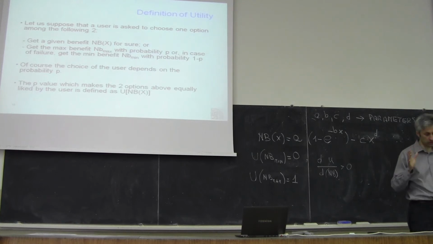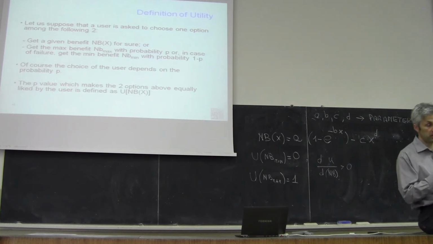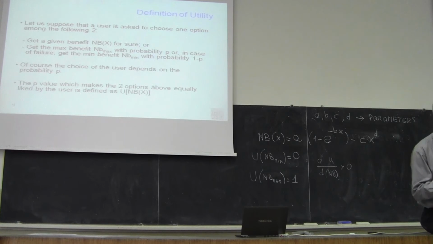So we have three issues that come in today. What is the benefit that you assign for sure? What is the probability of winning, so getting the maximum? And propensity or adversity to risk. But in any case, you will be able to identify for this user a p-value such that he is equally satisfied with both solutions.